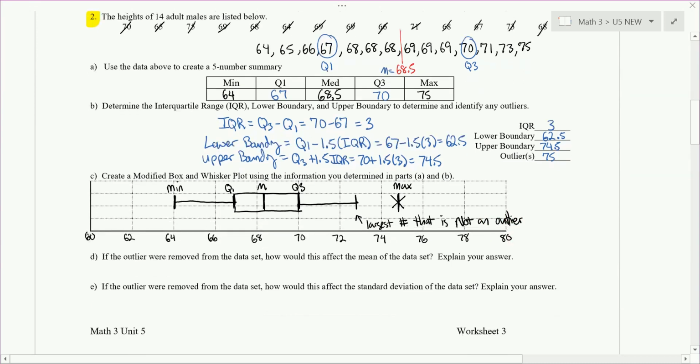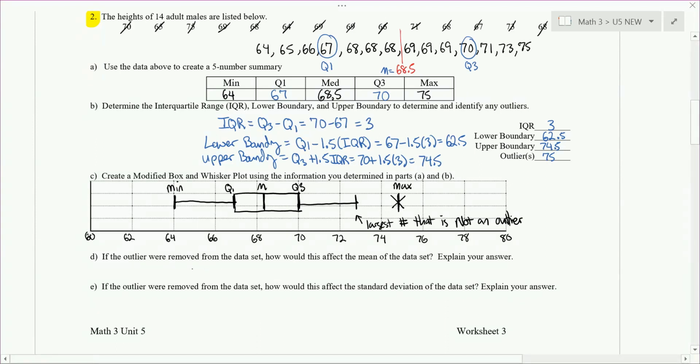Part D asks, if the outlier were removed from the dataset, how would this affect the mean of the dataset? Explain your answer. Well, 75 is our outlier, which is the largest number. If we remove the largest number from our dataset, then our mean would go down because we're getting rid of the largest number in there.